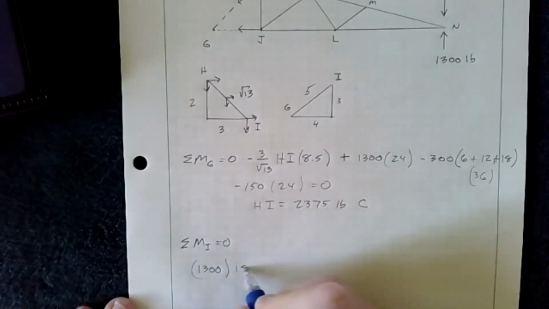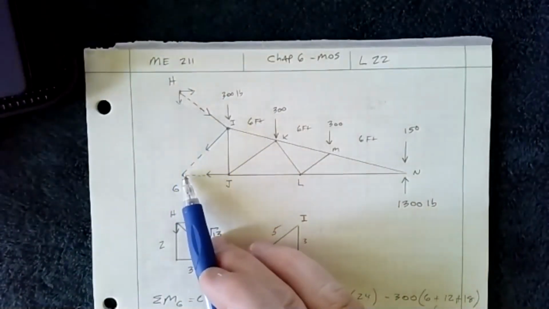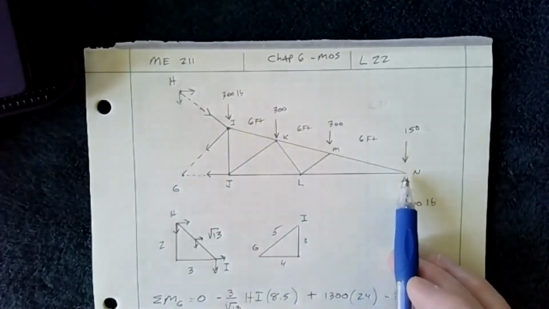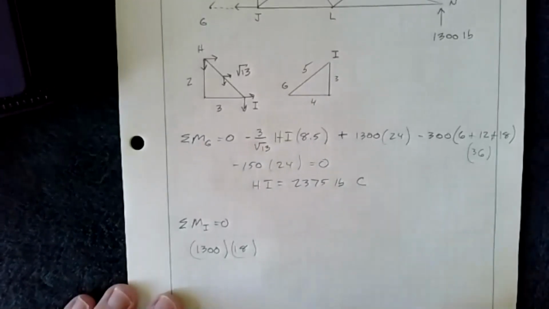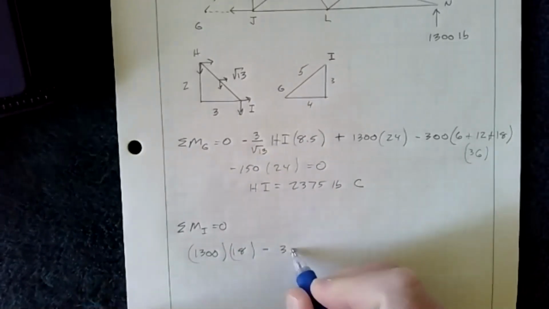Now it's only 18 feet away, right? Because I've moved now from H or from G to J, and so the distance from here over to here is now 18 feet. We've dropped 6 feet off of it, and so that's 1,300 times 18 minus, and then the usual 300.